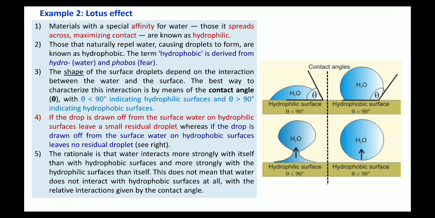What does it mean? Basically there is an interaction. This does not mean that water does not interact with a hydrophobic surface at all, with the relative interaction given by the contact angle.